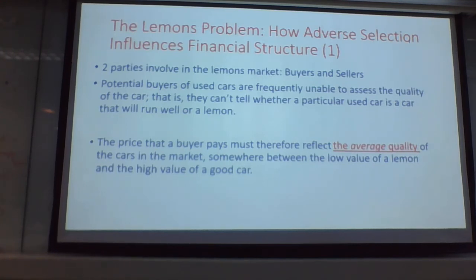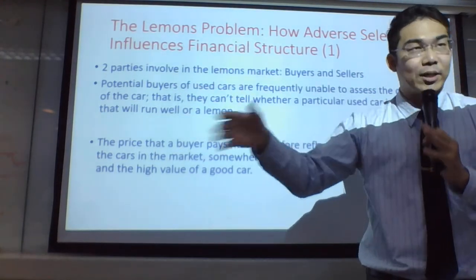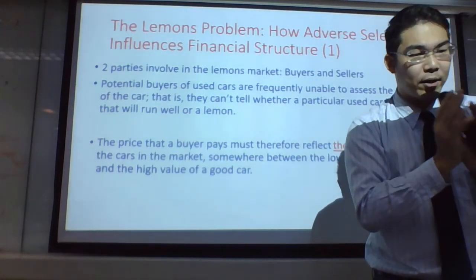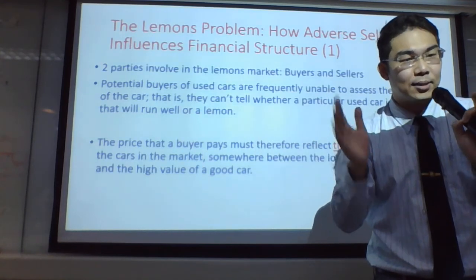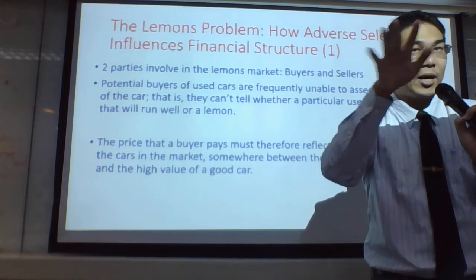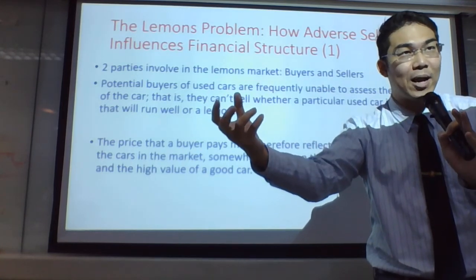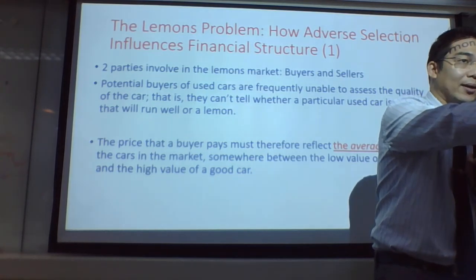Those people who are the owners of the car know the quality, right? The dealers don't know the quality of the car exactly. This is asymmetric information. The owner of the car has more information about the product than the dealer.